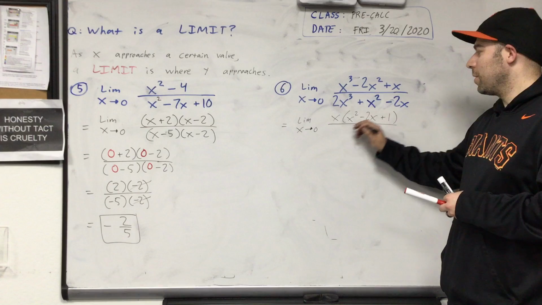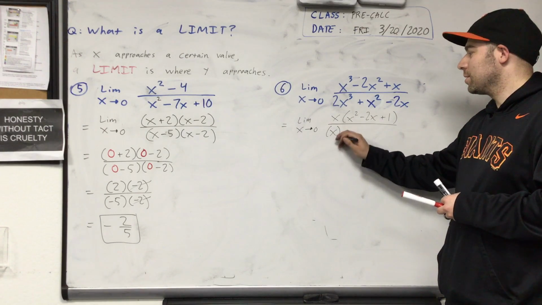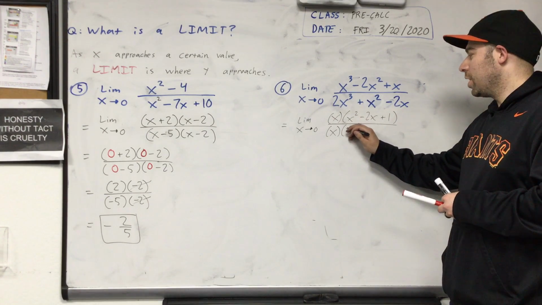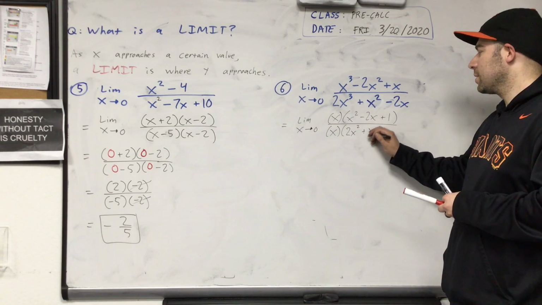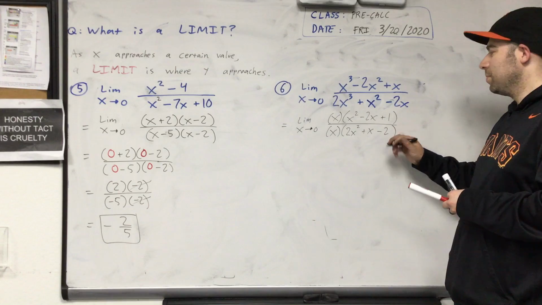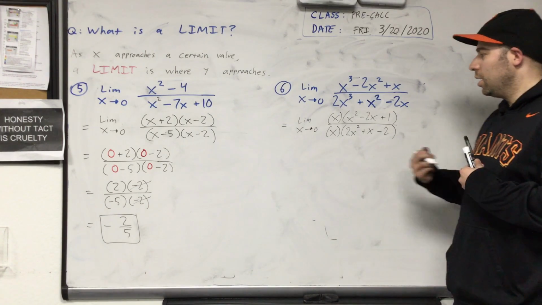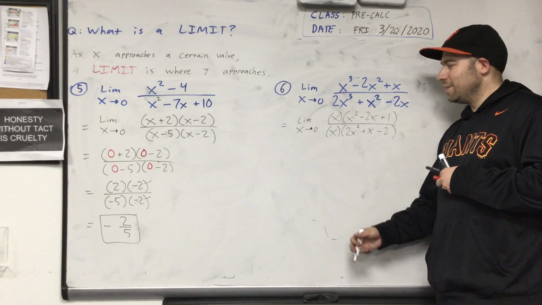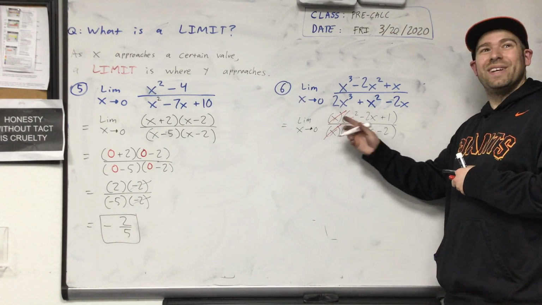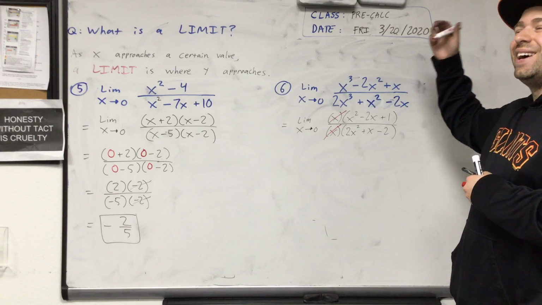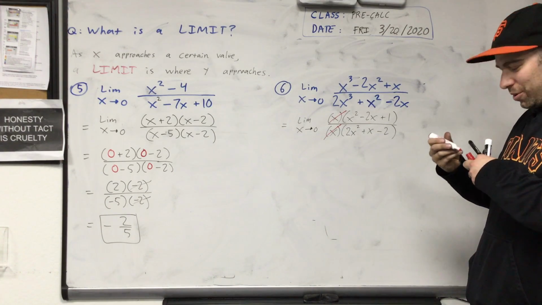And on the bottom, I'm going to factor out, again, another x. So I've got 2x squared plus x minus 2. There's your problem. That x over x creates 0 over 0. The hole is at x equals 0. x equals 0 creates y equals 0 over 0.